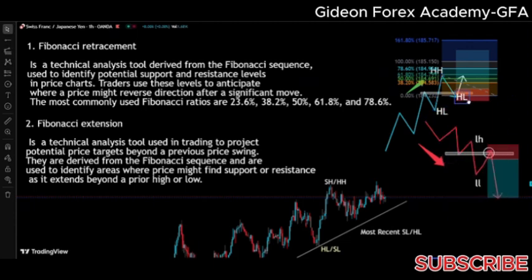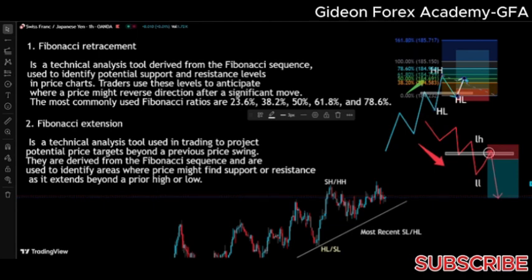So this would be the next higher low right here, okay? Where now you have placed your buy order, you can see a retracement, but you want to know how high this is going to be, okay? So usually it will show levels like 38.2%, 50%, 61.8%, 78.6%, 100% to about 161.8%.